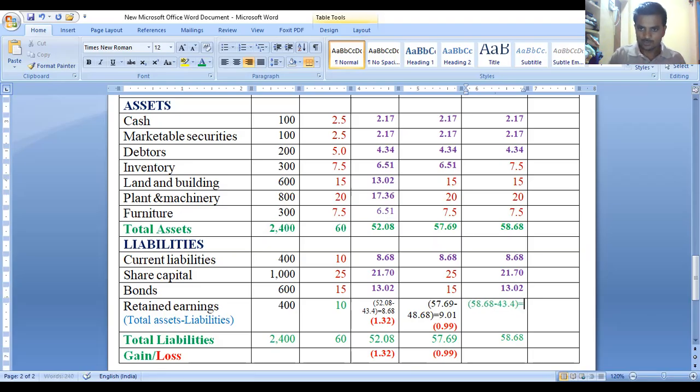How much does it come to? So the difference is 15.